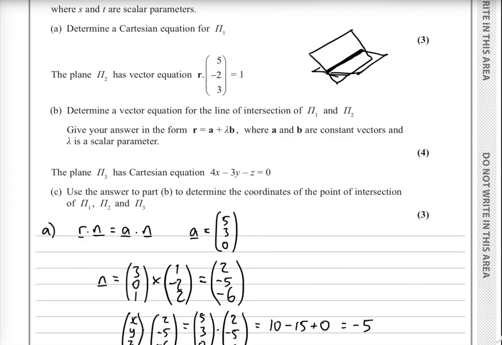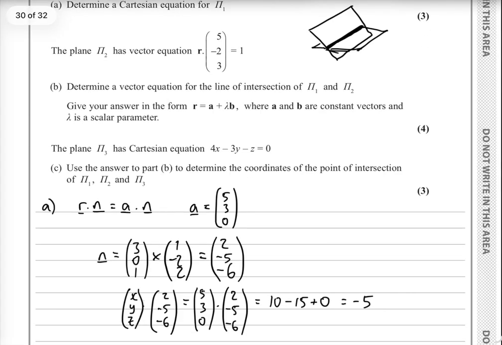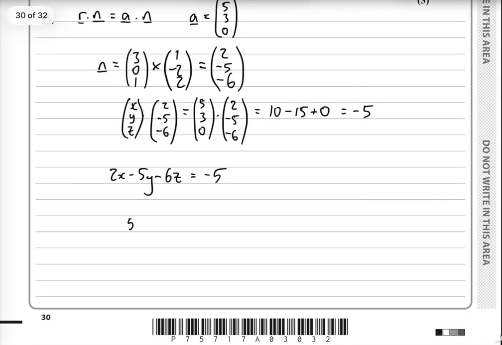So to get that direction vector, I cross the two normal vectors of the planes. We found the one we need for plane 1 in part A, and we're given the one for plane 2 here in part B. So 5 minus 2, 3, crossed with the one from plane 1, 2 minus 5 minus 6. And this will give us the direction vector for the line of intersection.